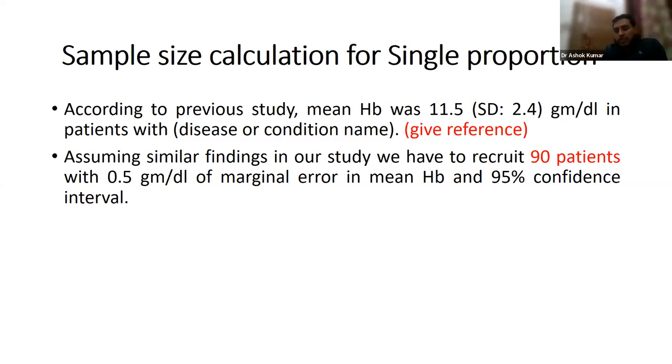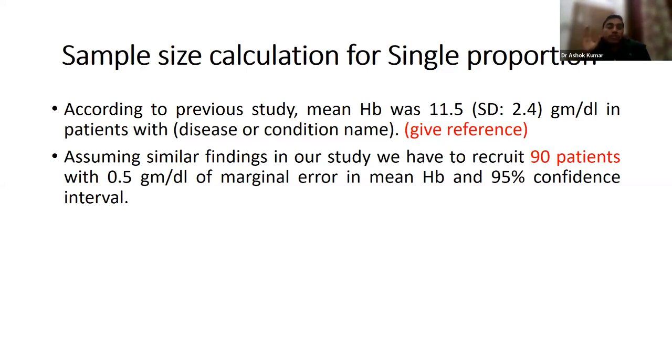So 11.5 plus minus 2.4, that is SD, gram per deciliter, in patients with, we have to write down the disease or condition name. Patients with, you can give any, SLE or something, any population, you can say in women, in any condition or disease, you have to give the name. And we also have to give the reference of that study.